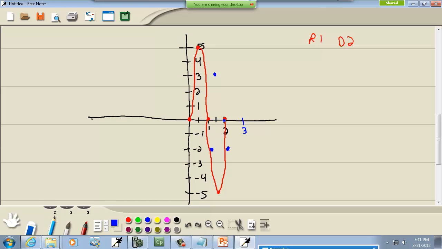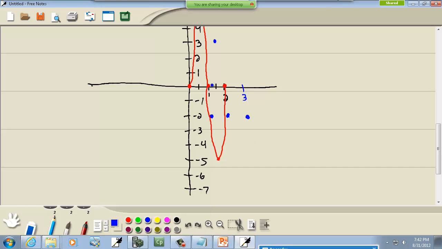So right 1, down 2. And of course this one would be right 1, down 2, so it'll be even with those. Notice how all three of those are lined up. Then this one will be halfway in between here and down 2, which would be right here.